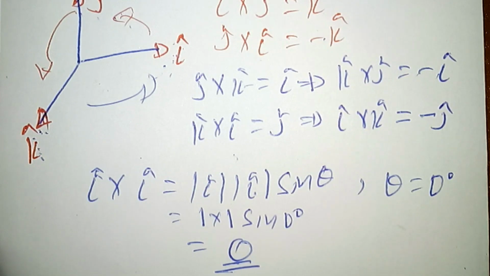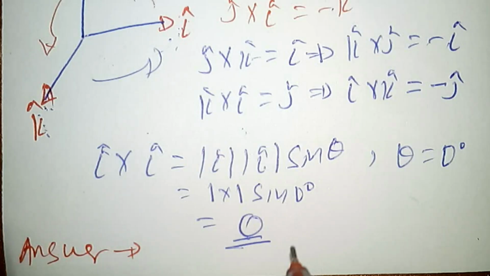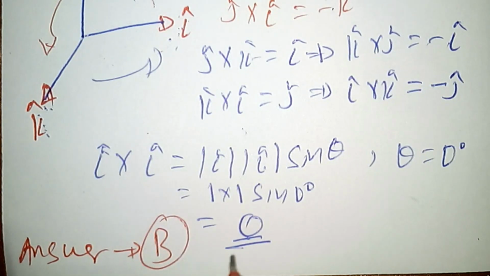That means the cross product of two collinear vectors is directly 0. So the answer is B, that is, B is not correct in a clockwise system.